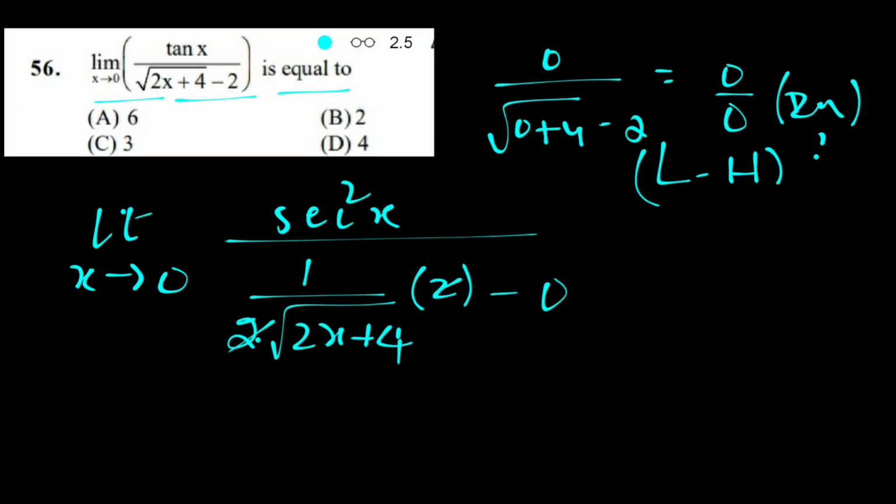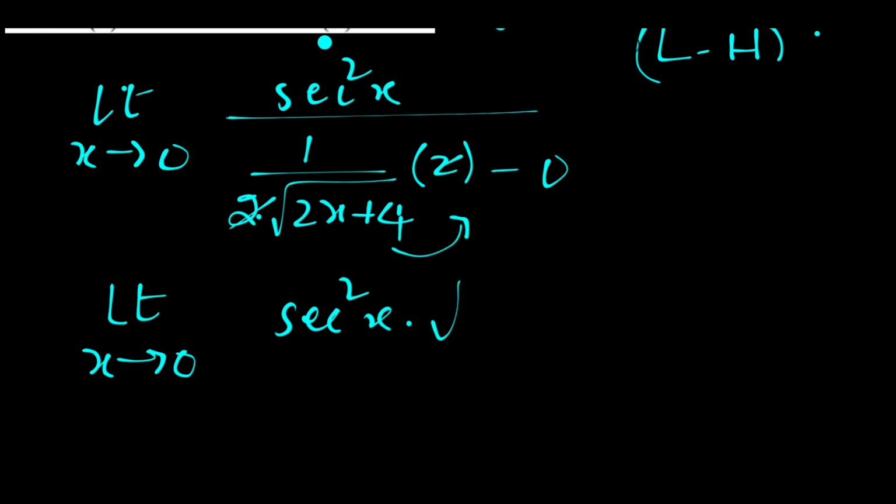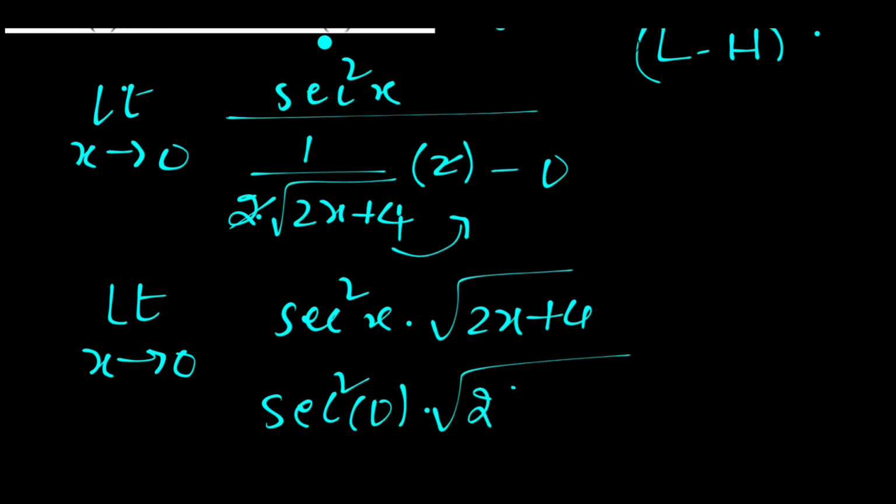Next, numerator secant square x, into, if we send it upside, square root of 2x plus 4. So now apply the limit here, secant square 0 into square root of 2 into 0 plus 4.